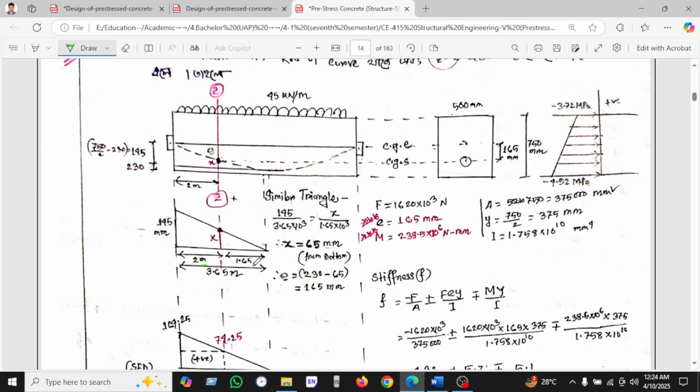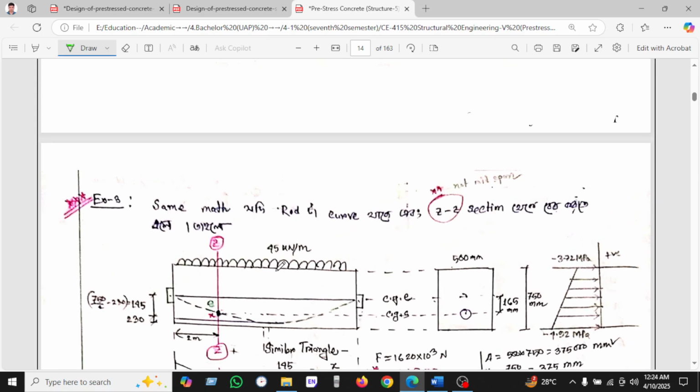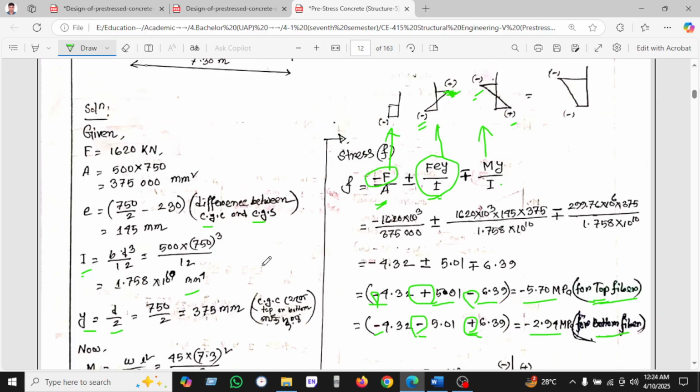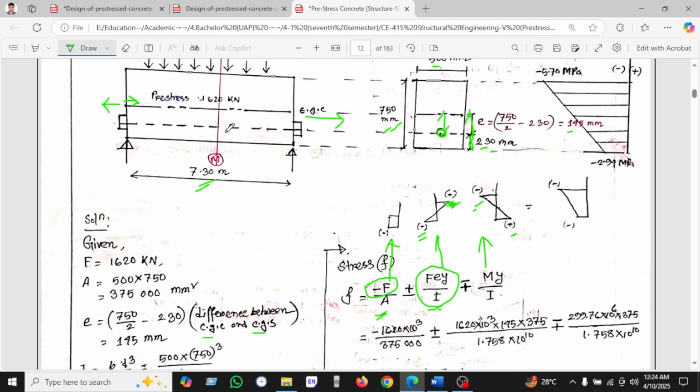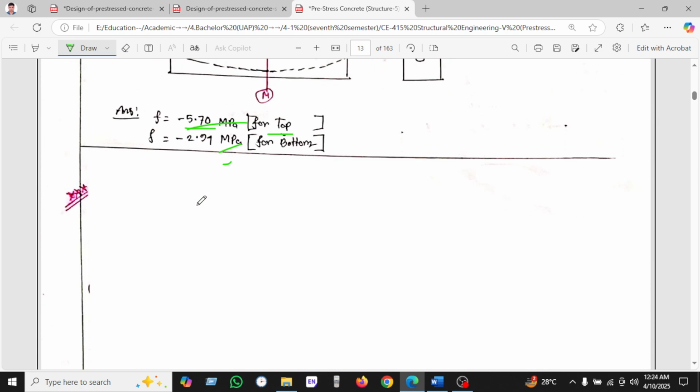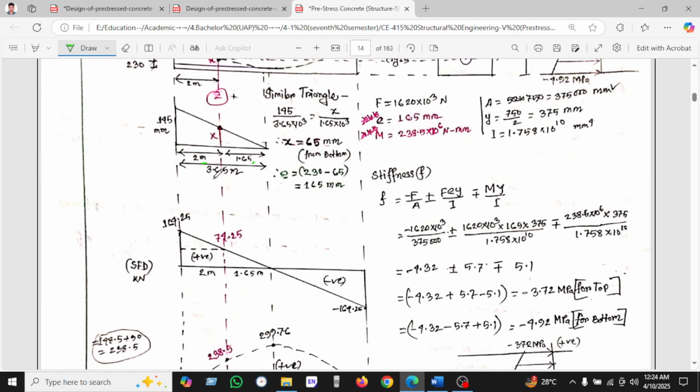So we know the 2 meter and has 165. It will be half of the total length, which we know is 7.3, as we can see. Then what will be the value of this? This value will be 7.3 divided by 2, and in this way we find 3.65.